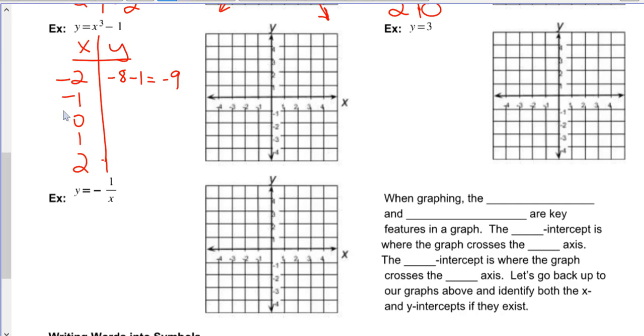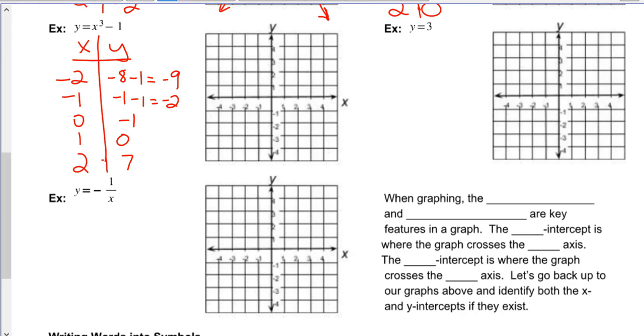But negative 1, throw in there, gives me negative 1 times negative 1 times negative 1, which is negative 1. Minus 1 is negative 2. 0 in there, that term goes away. Minus 1 is minus 1. 1 in there, 1 times 1 times 1 is 1, minus 1 is 0. And 2 times 2 times 2 gives me an 8, minus 1 is a 7.